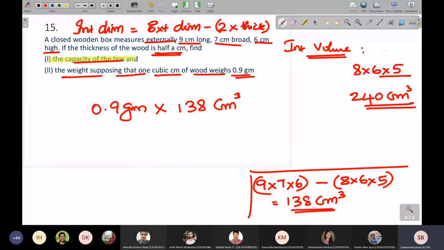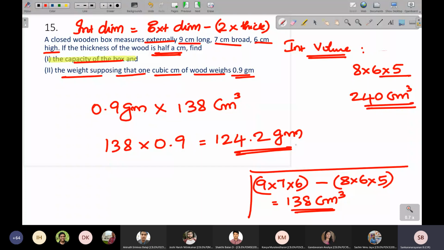So what will be the total weight? It will be 138 into 0.9. And may I know how much will be the value? It comes to 124.2 grams. And that is the answer for our question. Is this explanation clear to you all? Any doubt?